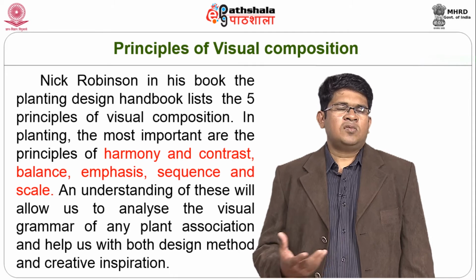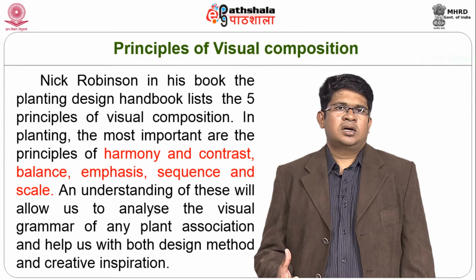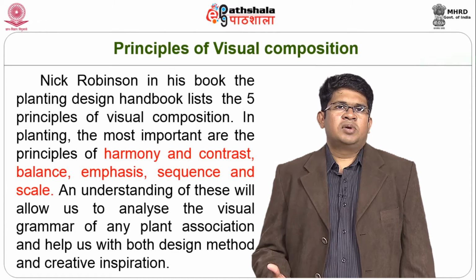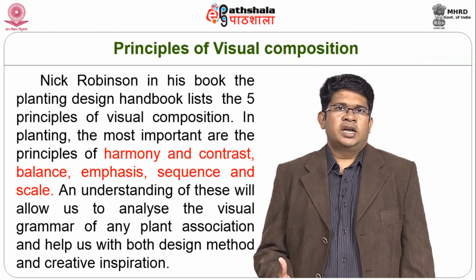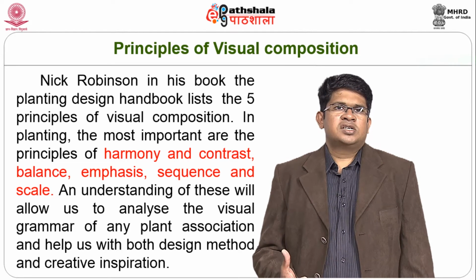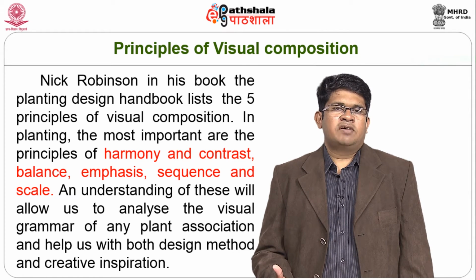And when we take planting as such, it does not necessarily have to be only the planting medium, but how it goes along and gives a unified sense of visual composition with respect to the built environment also.